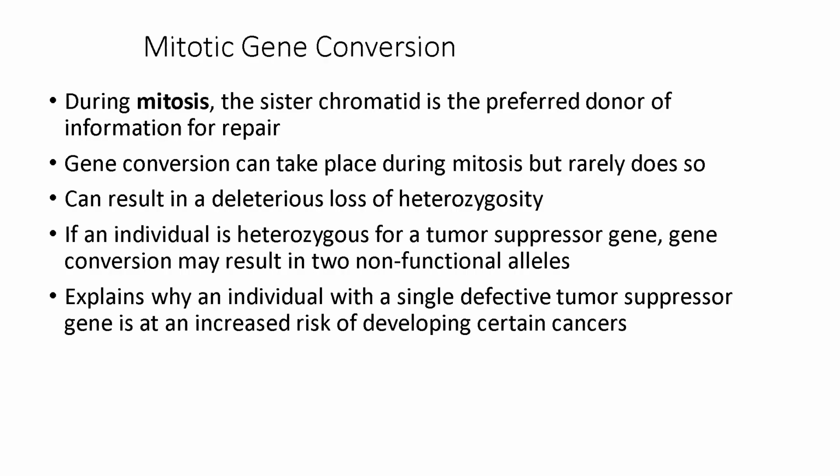If an individual carries one mutated and one functional copy of a tumor suppressor gene, gene conversion during mitosis could replace the functional allele with the mutated version. This loss of heterozygosity eliminates the cell's backup copy and increases the risk of cancer, helping to explain how inherited predispositions can lead to disease.